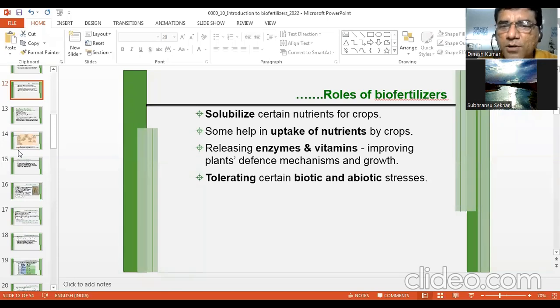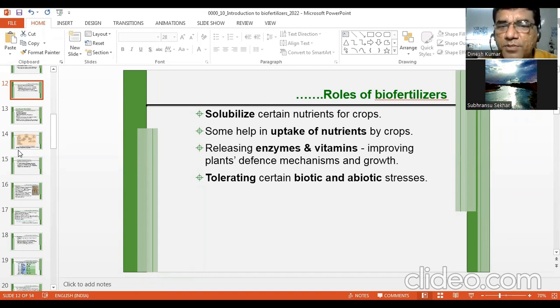Enzymes and vitamins improve the defense mechanism of the plant and improve growth. Defense mechanism here means the plant will tolerate insects, or it can become resistant, or there will be minimum attack of insect pests and diseases.